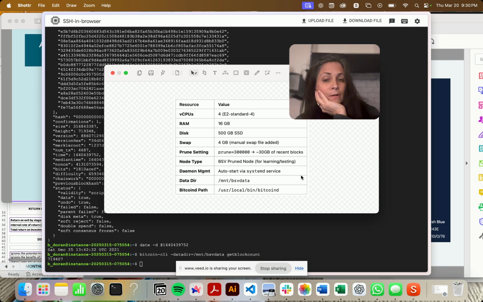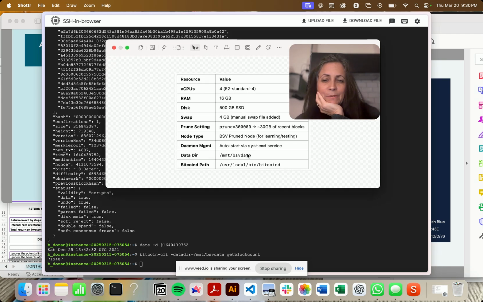I did set up an auto start. This was one of the first things I did in troubleshooting, because it kept crashing. Of course, it kept crashing because it was starting to get to the bigger blocks. It stalled out. Yeah, that's all I have to share about that.